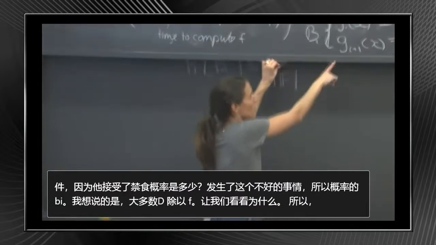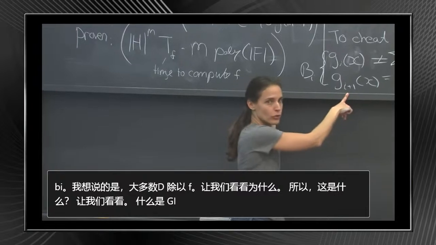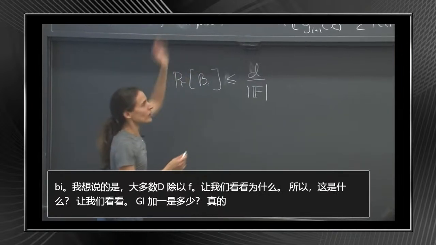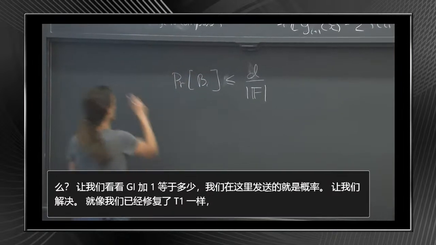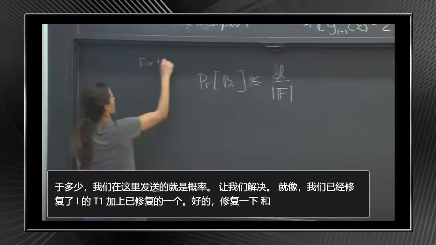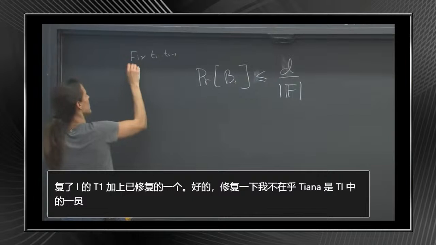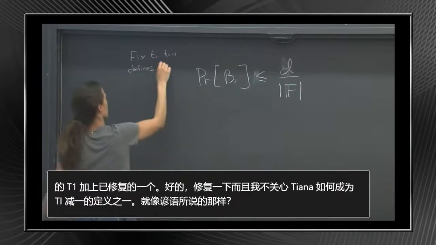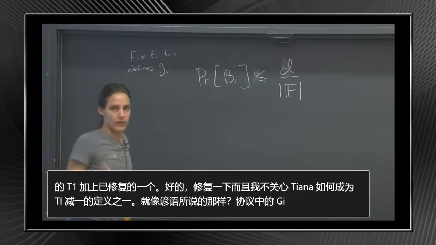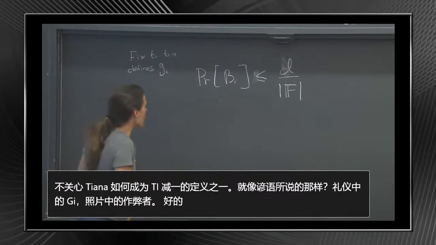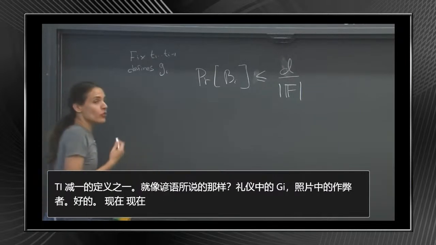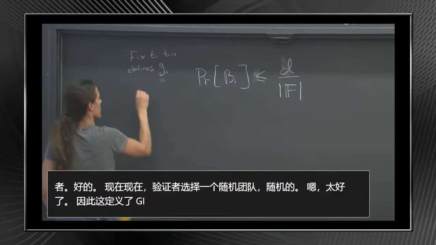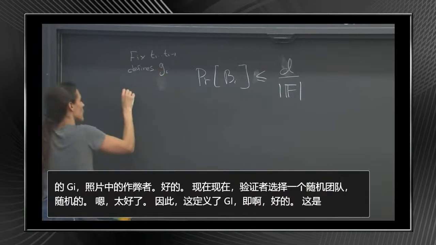So when is G_{i+1} true? Let's fix t_1 up to t_{i-1}, and I don't care how. This defines what the cheating prover gives as G_i in the protocol. Now the verifier chooses a random t_i.